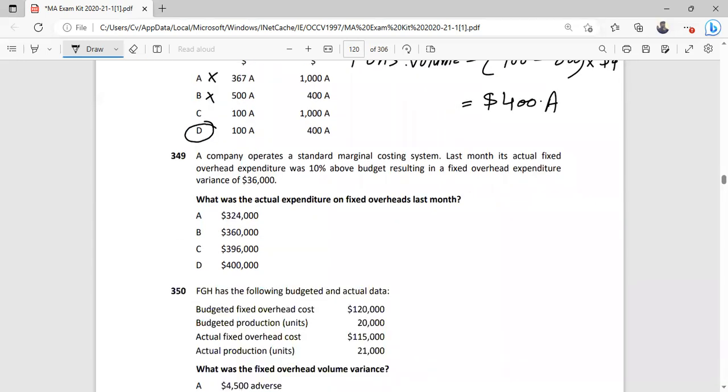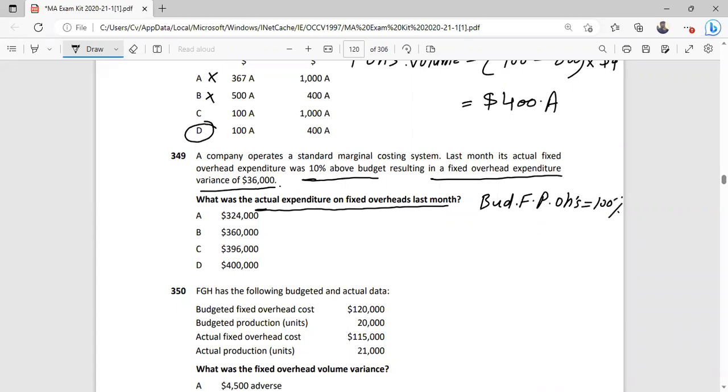Next question is, the company operates a standard marginal costing system. Last month, its fixed overhead expenditure was 10% above budget, resulting in a fixed overhead expenditure variance of 36,000. What was the actual expenditure on fixed overheads last month? Budgeted fixed production overheads are treated as 100%.